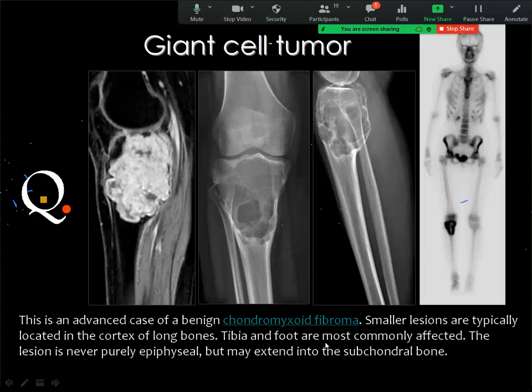You know that chondromyxoid fibroma is a benign lesion, while giant cell tumor is a locally malignant tumor, which may turn after that into a malignant lesion.